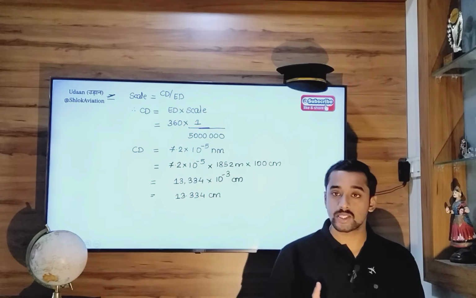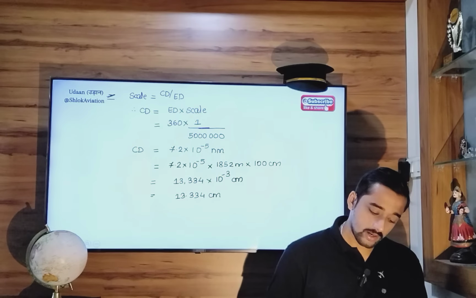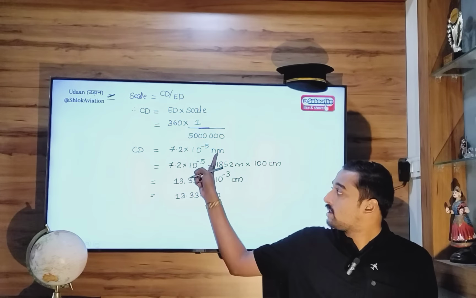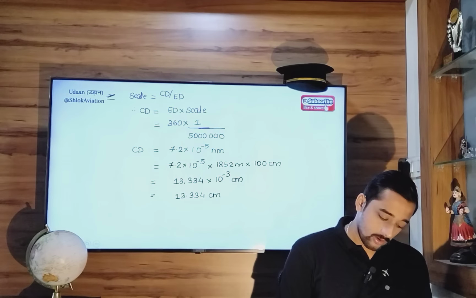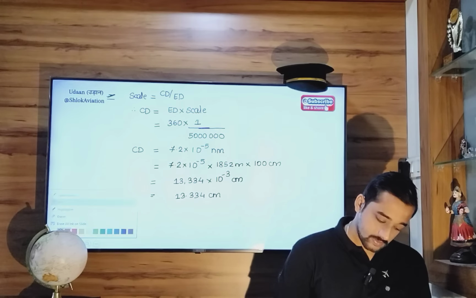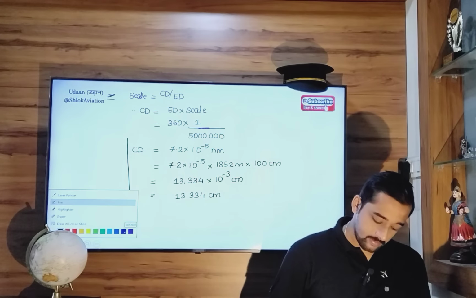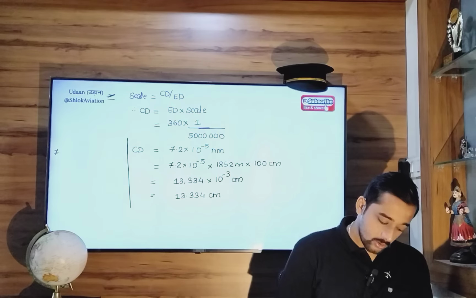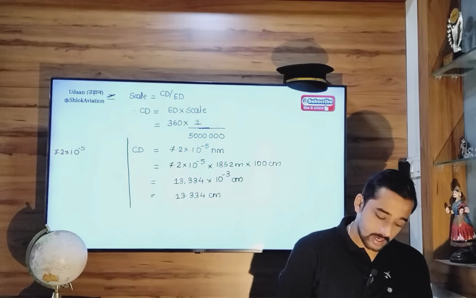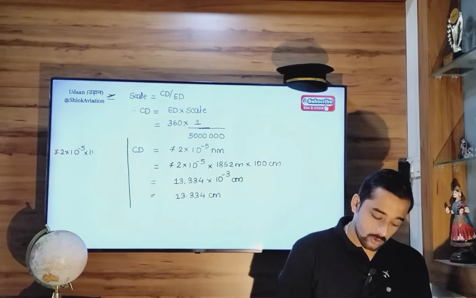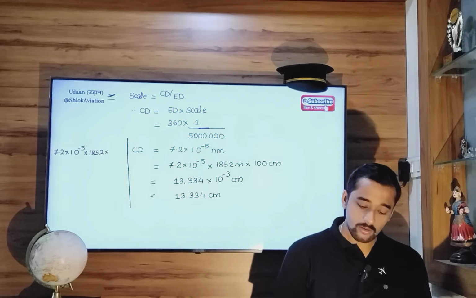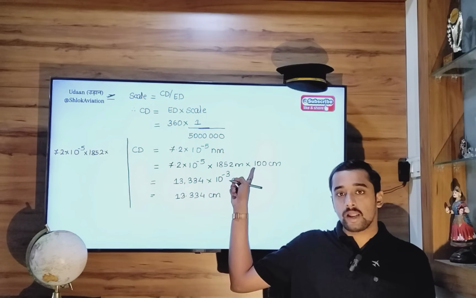Okay, so let's convert this into millimeter now. Now to convert chart distance, this nautical mile into millimeter, the procedure is the same. 7.2 into 10 raised to minus 5 nautical mile into 1852 meter. Now for centimeter we multiply 100.